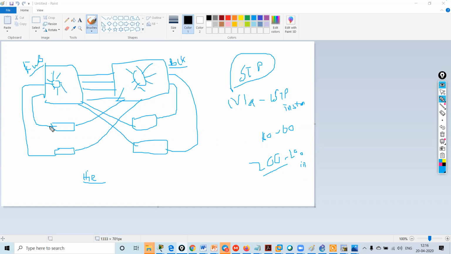It will give you more overhead and more CPU utilization. So this is what happens if we are using normal per VLAN STP, PVST.